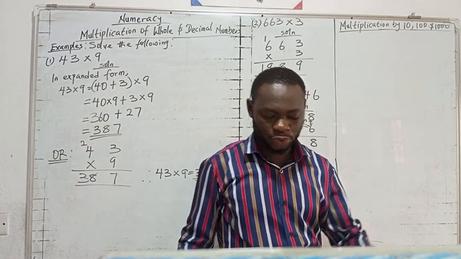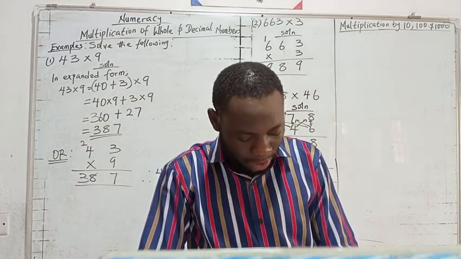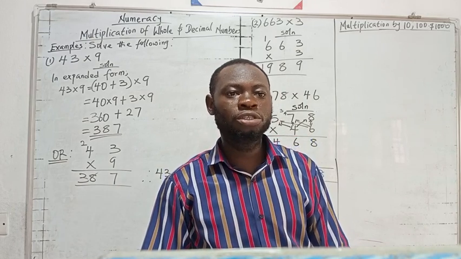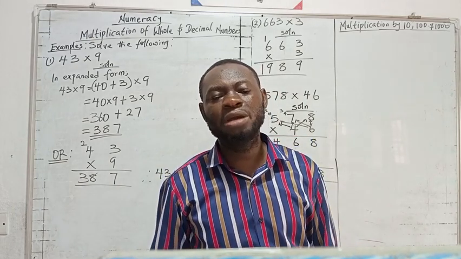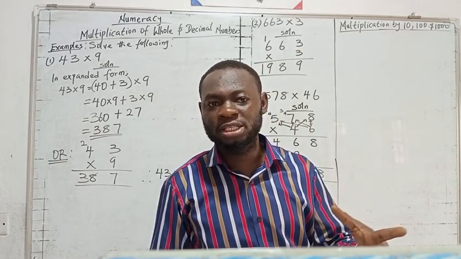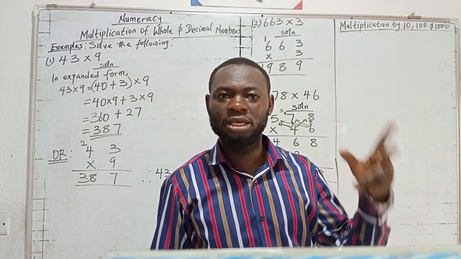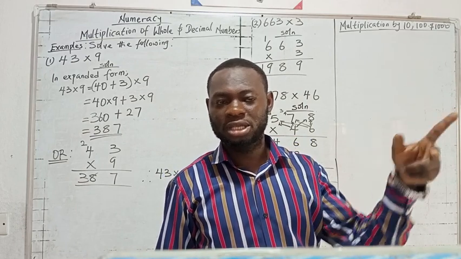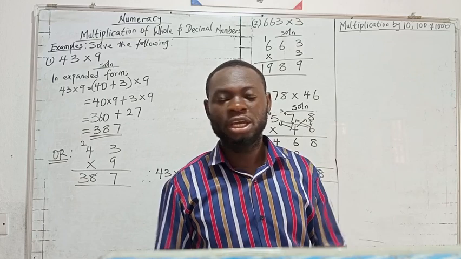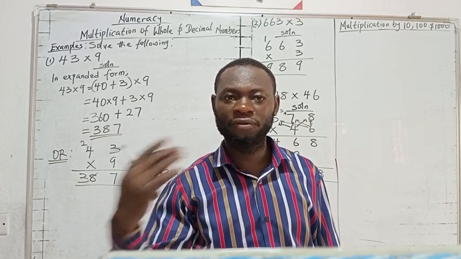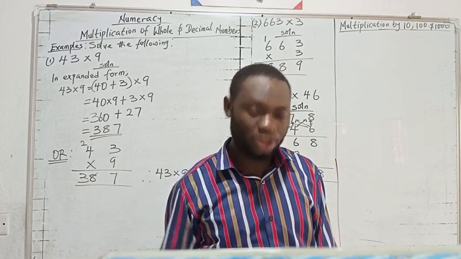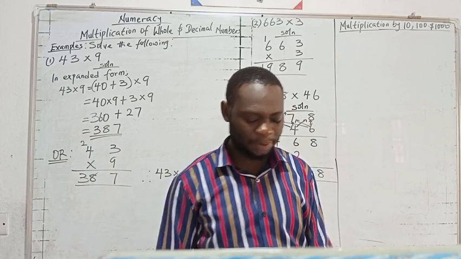These rules I am going to talk about are applicable when you're multiplying numbers by 20, 40, 30, 50, 60, 70, 80, 90, even 200, 300, 400, 500, 1000, 2000, 3000. So it's applicable.